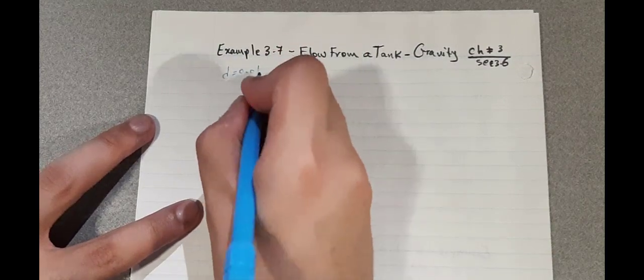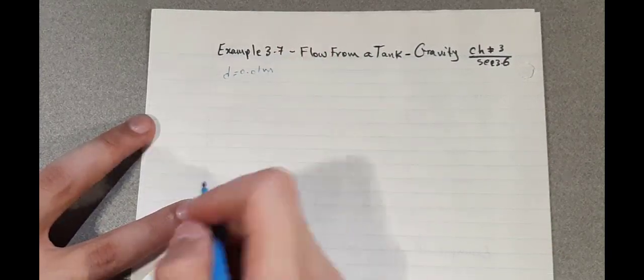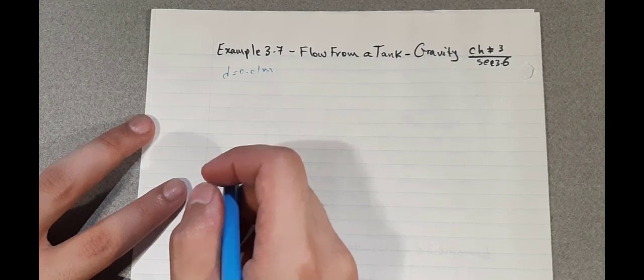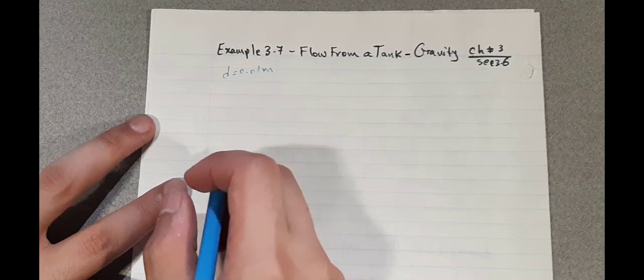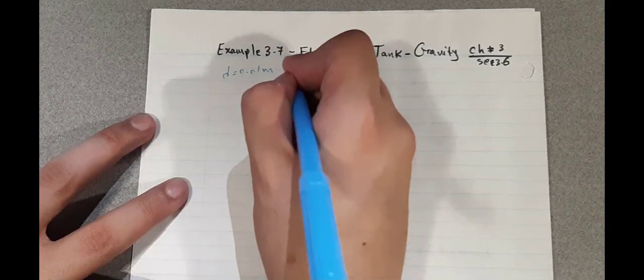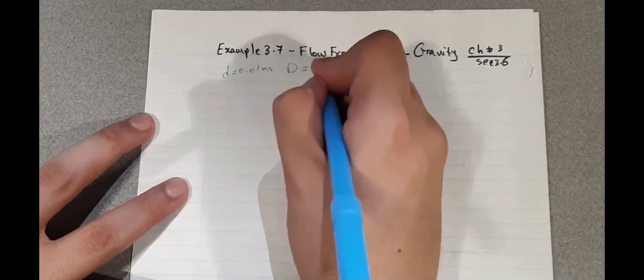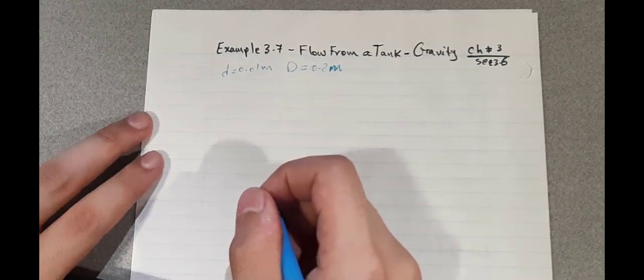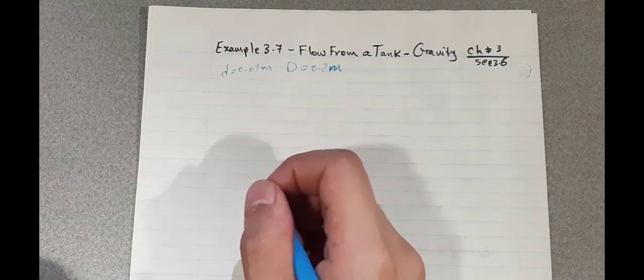So the question is, a stream of refreshing beverage of diameter small d equal to 0.01 meter flows steadily from the cooler of diameter capital D equal to 0.2 meters, as shown in figure E3.7a and b.